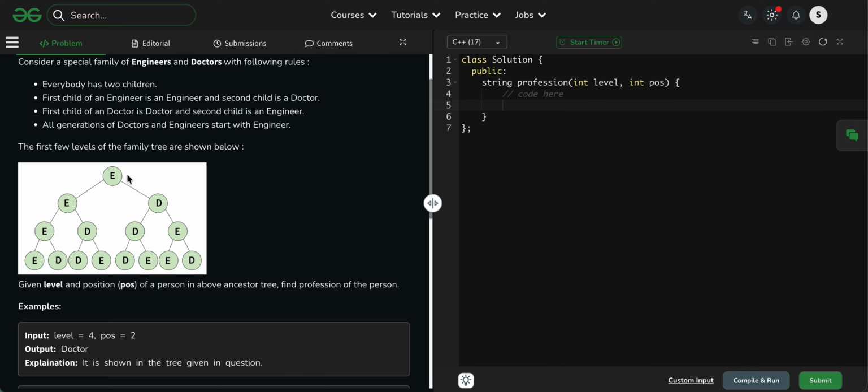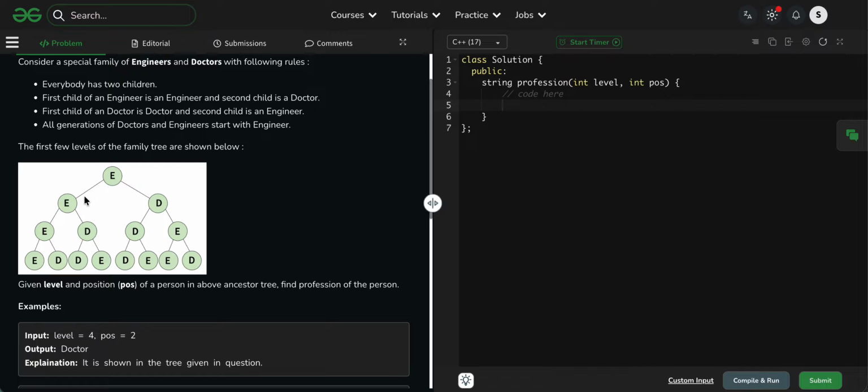Now we understand two things. First, it will start with the engineer. The left child is always equal to the parent, and the right child is always the opposite of the parent.